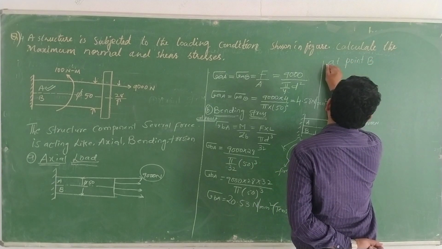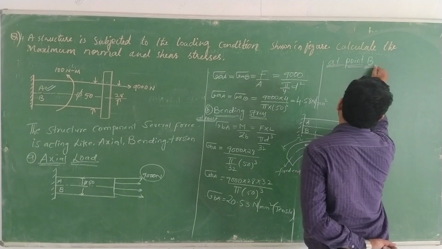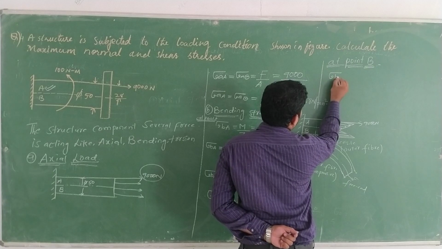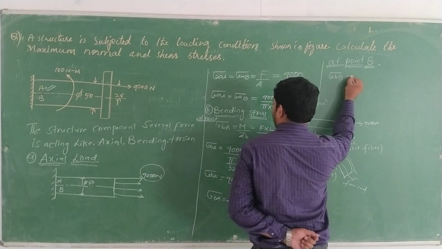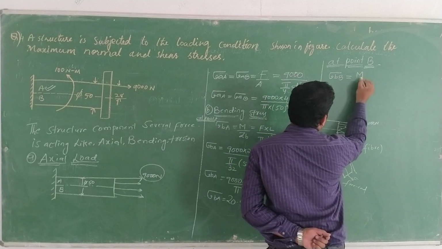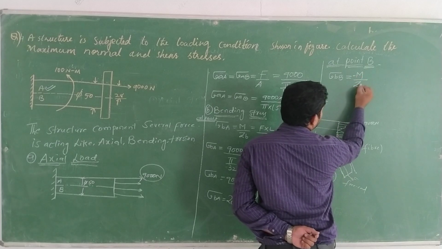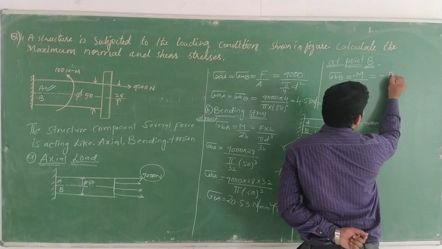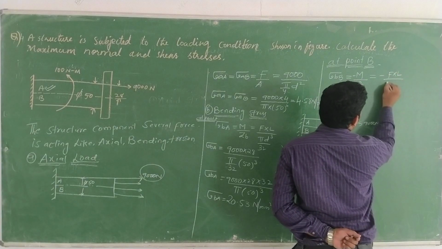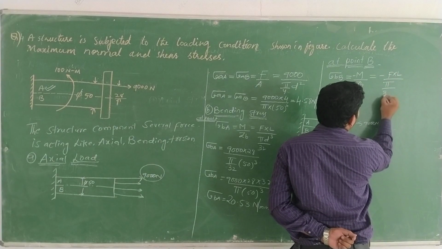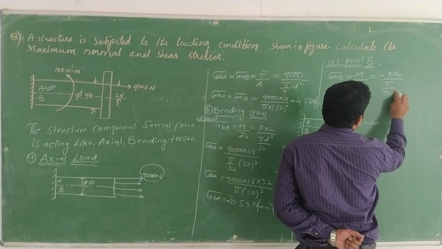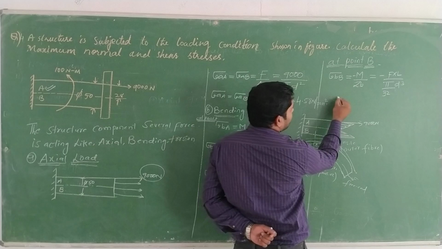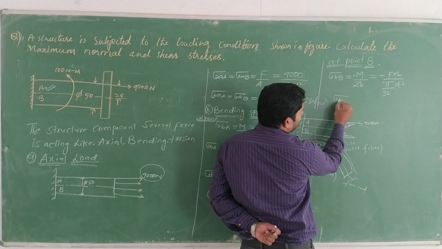Then you have to represent the bending stress at point B. Okay dear, so we need to find the bending stress at B, equal to minus M by ZB. What is the value of M? Minus force into length, by Z, which is pi by 32 into d cube. Okay dear, let us see sigma BB.